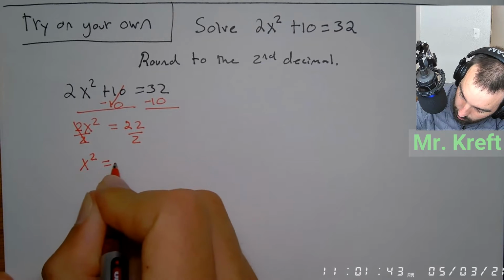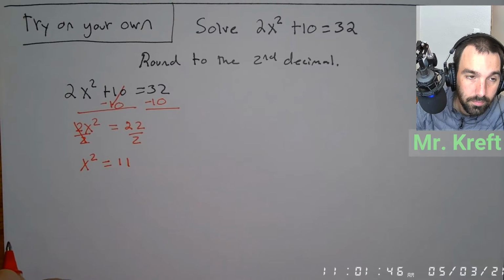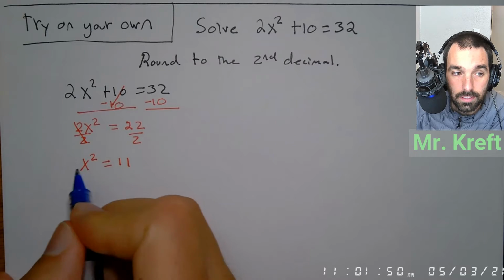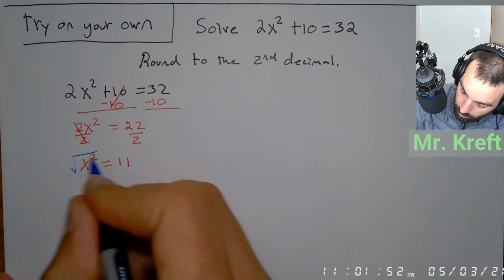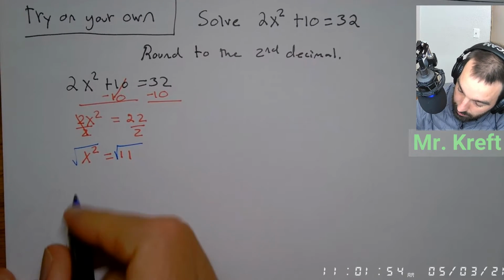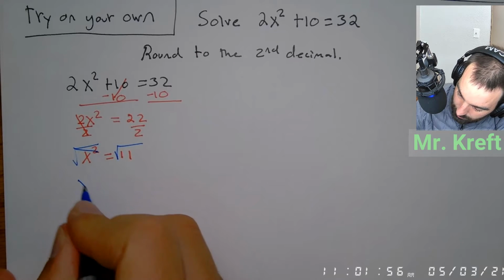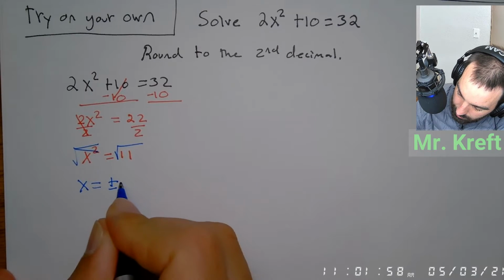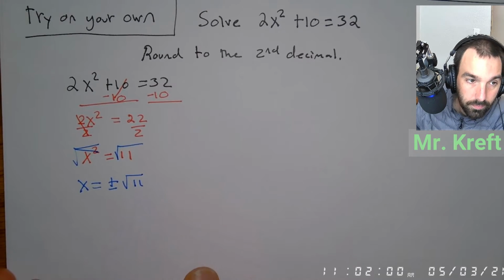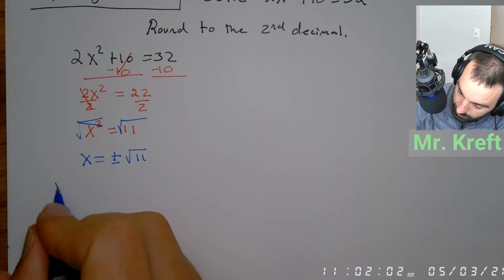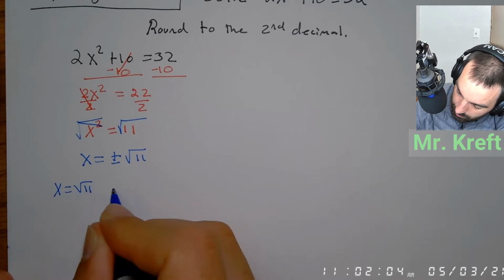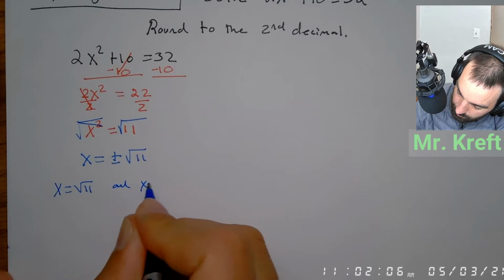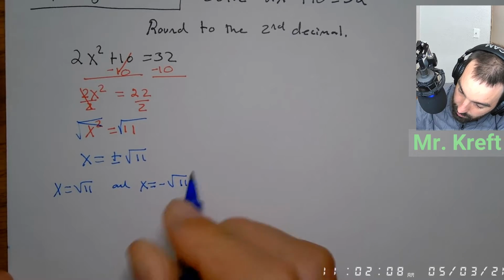I get x squared equals 11. Okay. So now that I've isolated the squared term, I'm going to square root both sides. And I'm going to get x equals plus or minus the square root of 11. So I'm going to get x equals square root of 11 and x equals negative square root of 11.